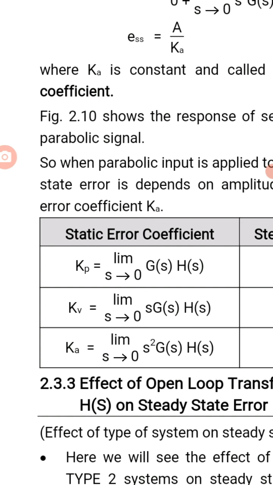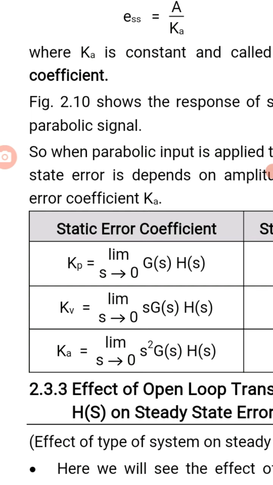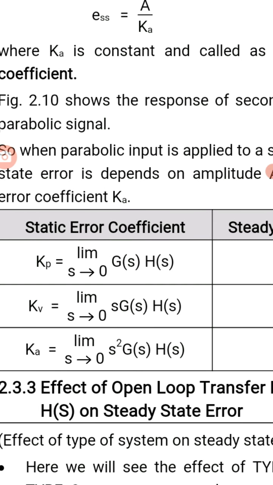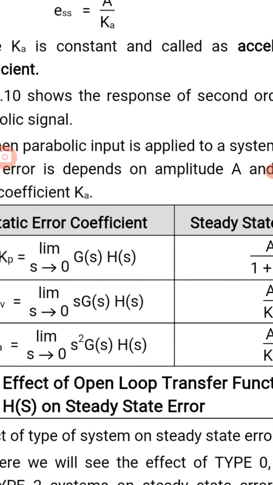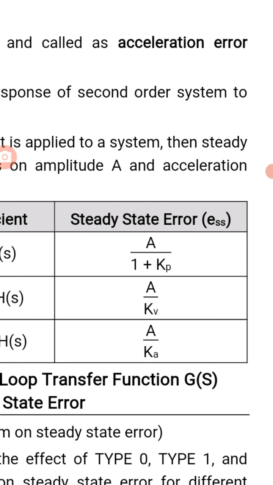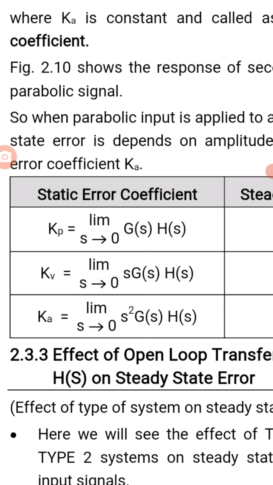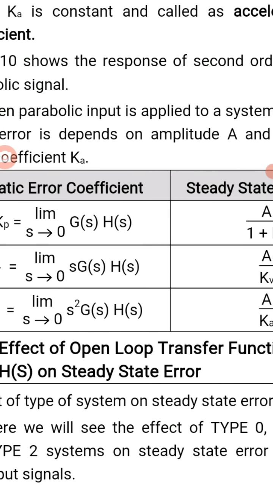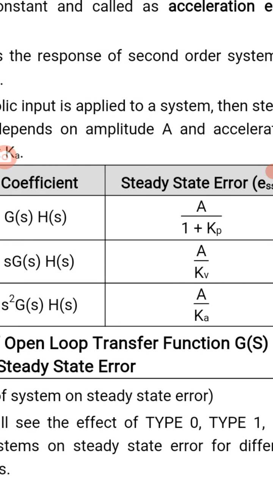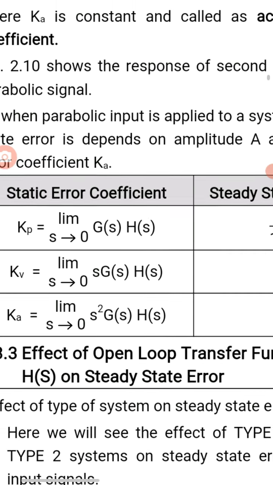So in brief, in a table, we know static error coefficient Kp is given by limit s tends to 0 G of s into H of s, and steady state error is A upon 1 plus Kp, where Kv is equal to limit s tends to 0 s into G of s into H of s. Here it is multiplied by s.